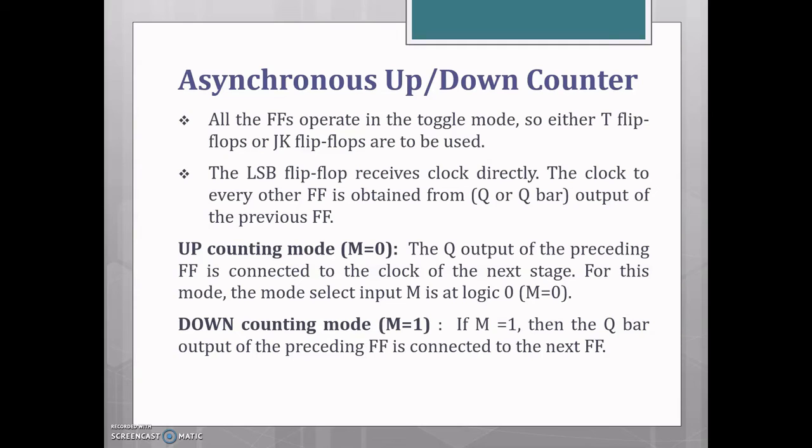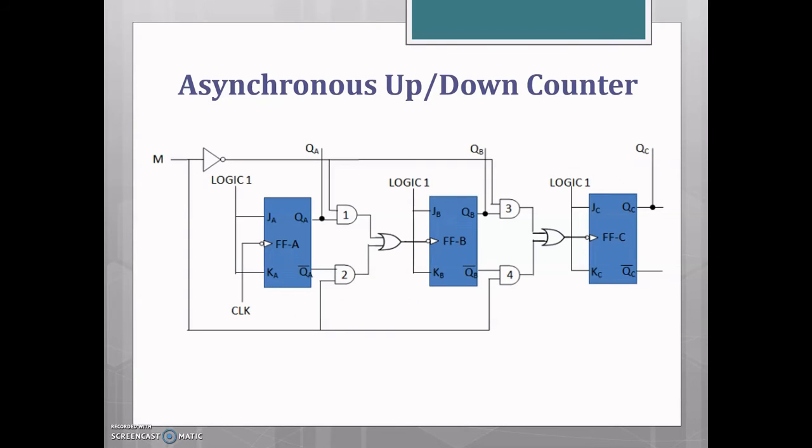In this case, the true output, that is Q, acts as a clock for the next flip-flop. And in the down counting mode, the control signal M bit is equal to 1. In this case, the complemented output Q bar acts as a clock for the next flip-flop. The logic diagram for the asynchronous up-down counter is shown in the figure.